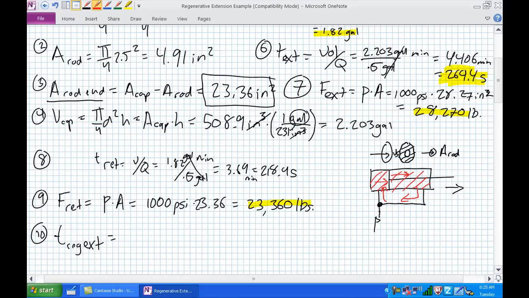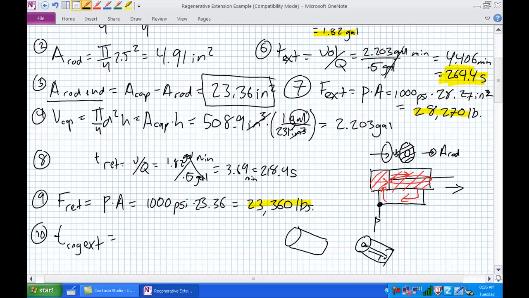It wouldn't fully extend this way because there's a volume imbalance. We've already figured out the volume of the rod end is smaller than the volume of the cap end. So the pump only has to make up the difference. What is the difference? The area of the rod, okay? So, remember, we figured out the volume at full extension, volume at full retraction.